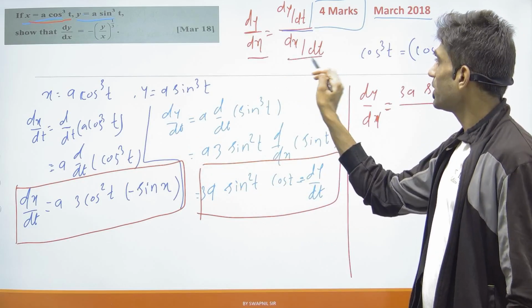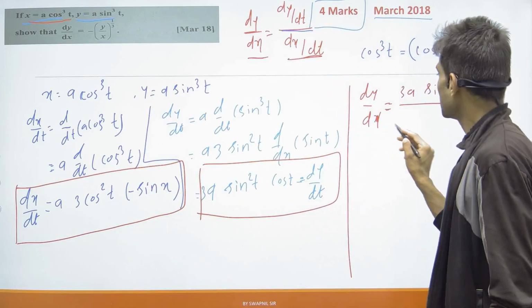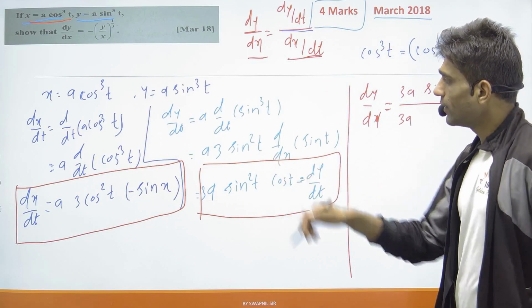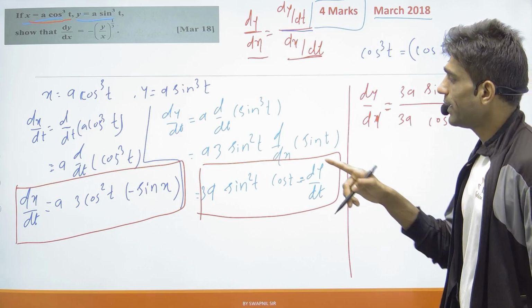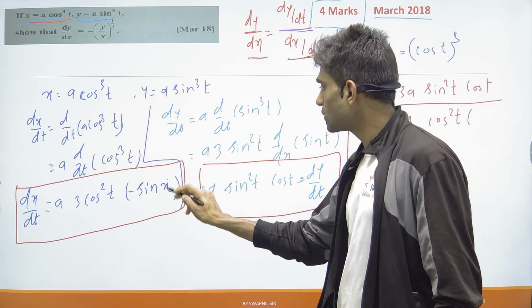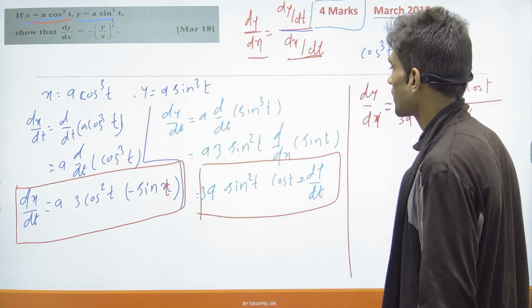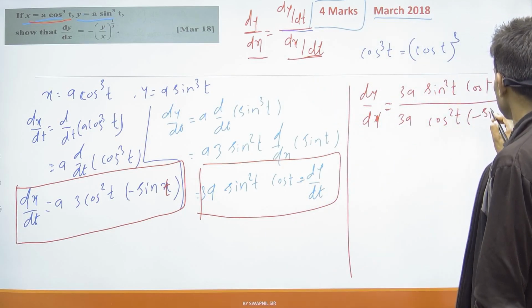So here we have dx by dt. Substitute this value: 3 multiplied by a into cos square of t into negative of sin t. Sorry, it is not the x, because we are taking the differentiation with respect to t. So negative of sin t.